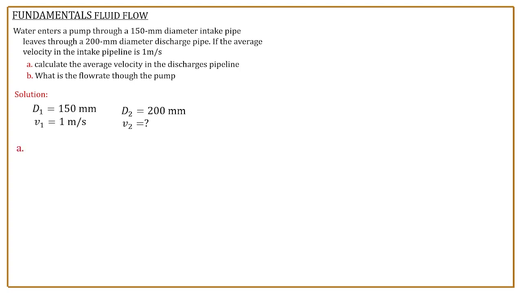So gamit yung ating continuity equation, we have Q na pumasok ay equals sa Q na lumabas. Okay? We can say that A1 V1 is equal to A2 V2, wherein ang ating area 1 ay pi over 4, and then take note, gawin nating meters, 0.15 squared, times yung velocity natin, that is 1, equals sa area 2 na pi over 4 times 0.2 squared times our velocity 2.